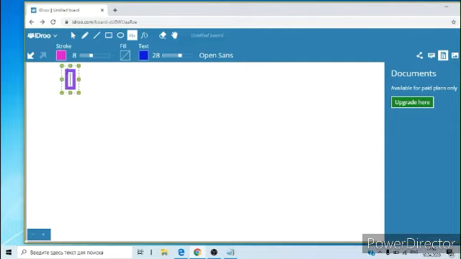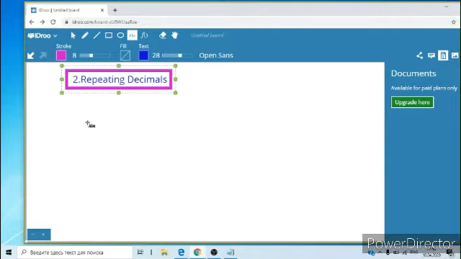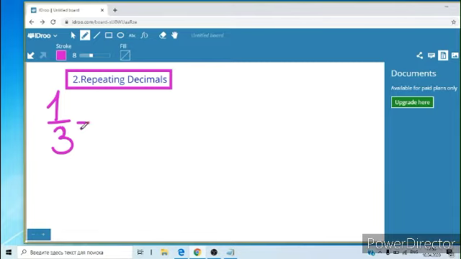Next, the first was terminating decimals. Now we will continue with the second part, repeating decimals. If we have a fraction, for example, let me write 1 over 3. I think all of us know that 1 over 3 gives us 0.333, which has no ending.